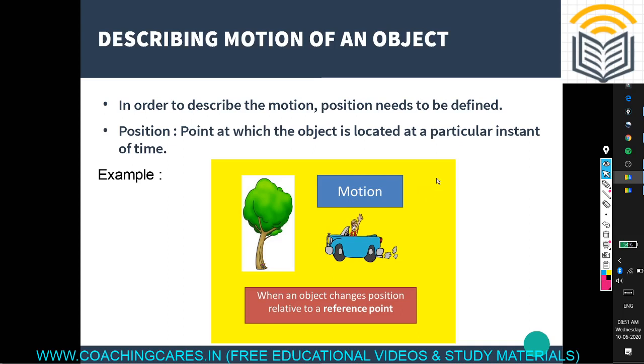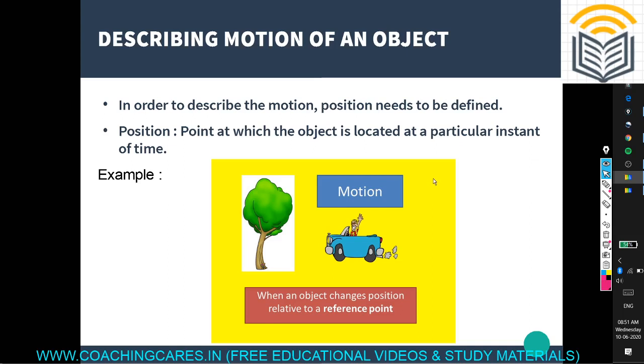By knowing the position of the object at a particular time, and knowing the position again after a specific time, we can define the motion.